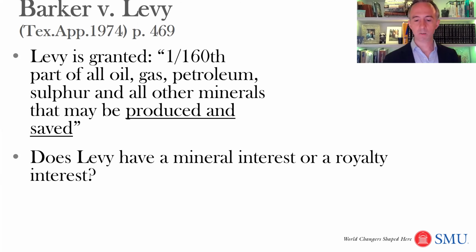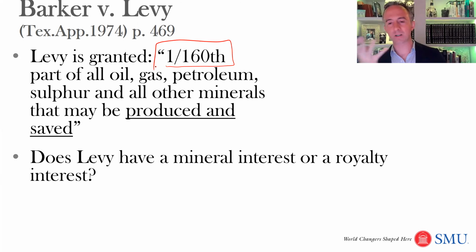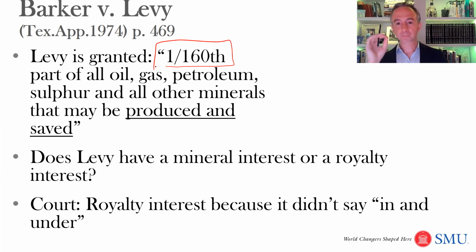Is it 1/160th of all the oil and gas that's under this property, or is it 1/160th of everything that was produced? And I think it's reasonably clear from this language that it's of everything that was produced.